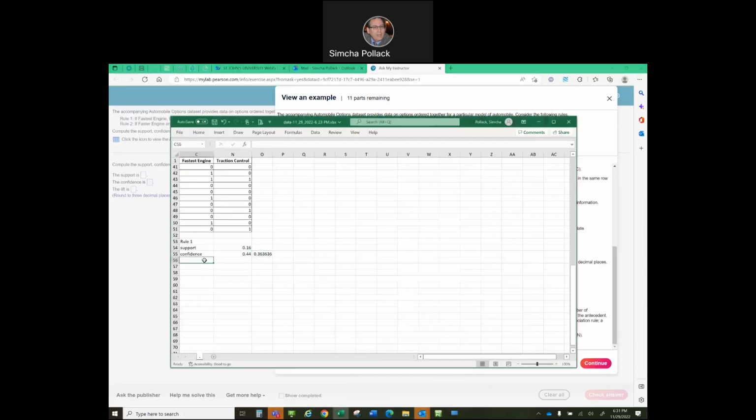So lift is going to be equal to the average of N2, which is the consequent, through N51, 0.36 as we just saw, and the final answer is going to be 0.363 divided by 0.36.